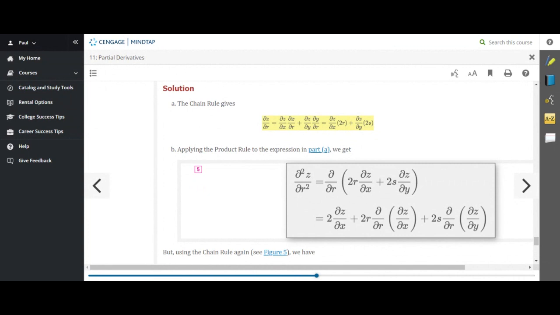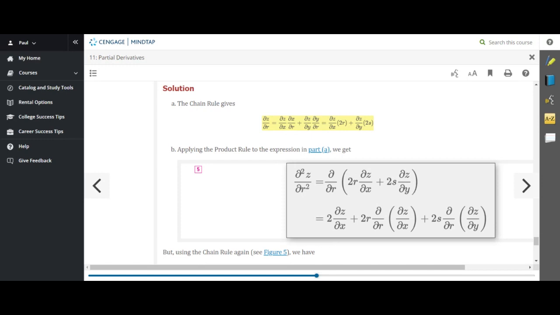So that means you take the partial derivative of the right-hand side with respect to r, and then you're going to utilize the product rule. The derivative of 2r with respect to r is 2. You leave the partial derivative of z with respect to x alone, and then you leave 2r alone and take the partial derivative of that partial derivative with respect to r.